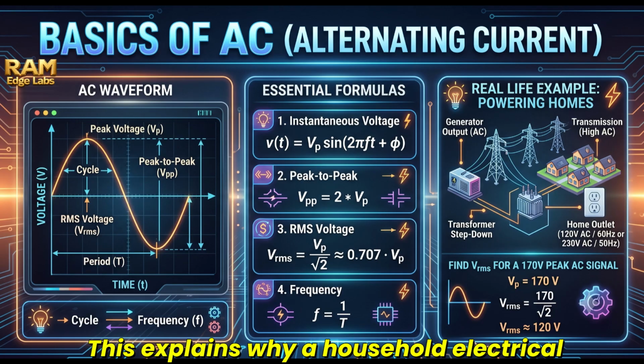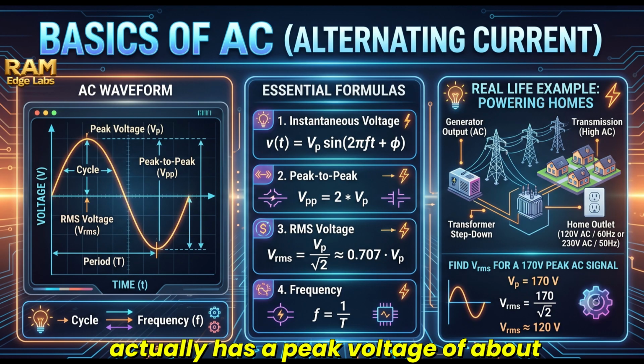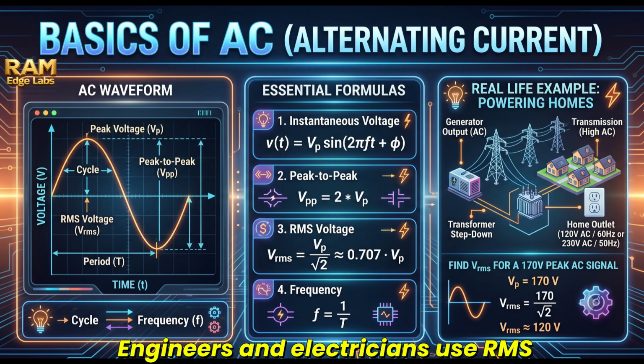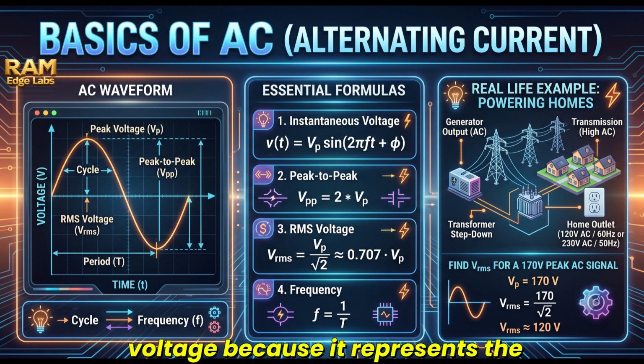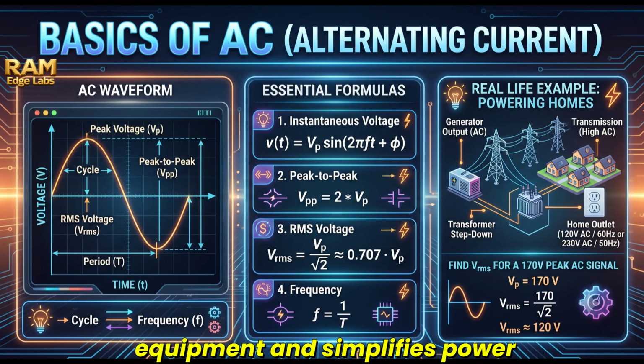This explains why a household electrical outlet rated at 120 VAC actually has a peak voltage of about 170 volts. Similarly, a 230 VAC supply has a peak voltage of approximately 325 volts. Engineers and electricians use RMS voltage because it represents the effective voltage delivered to electrical equipment and simplifies power calculations.